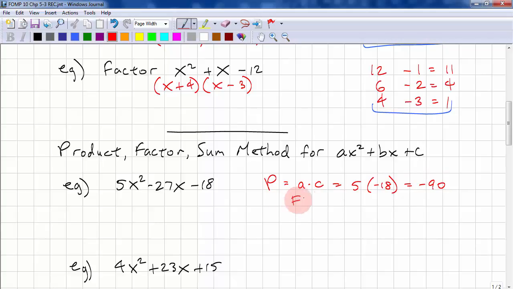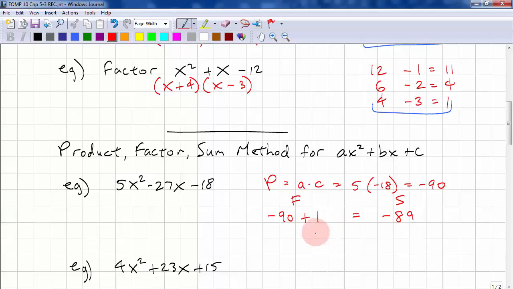So now we do the factors. This is negative. This means we need a positive factor and a negative factor. And the negative factor must be larger because we have a negative b. So we'll start off with negative 90, and that's multiplied by 1. And the sum here is negative 89.